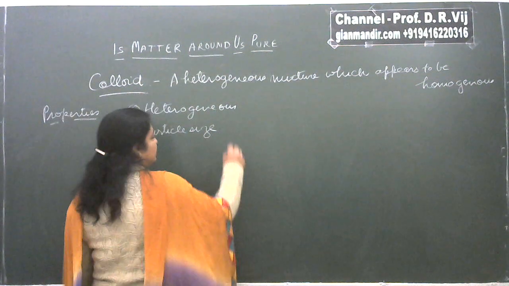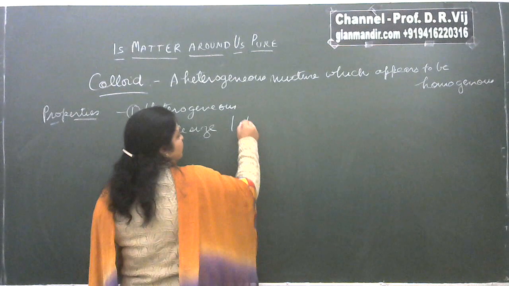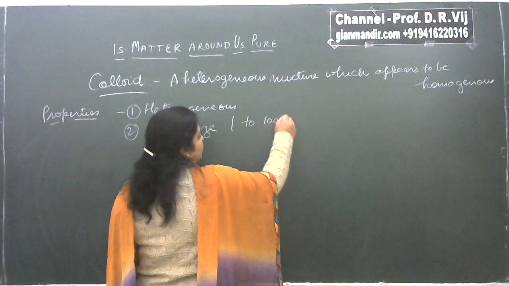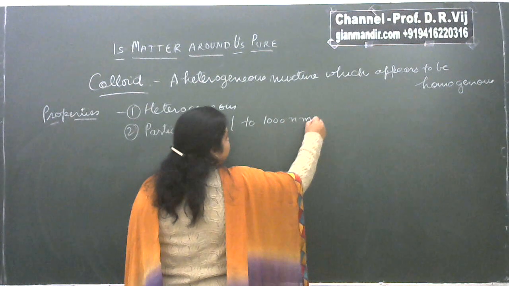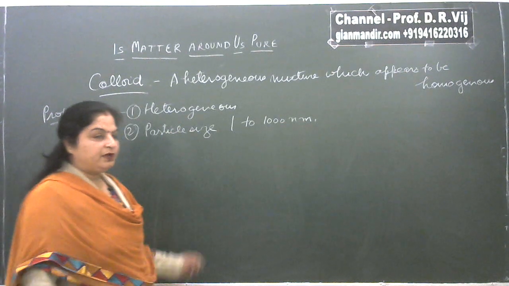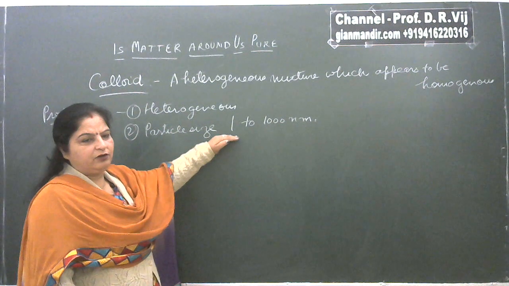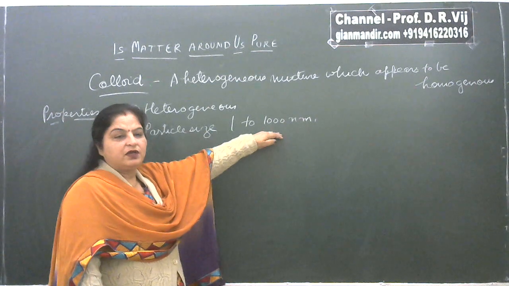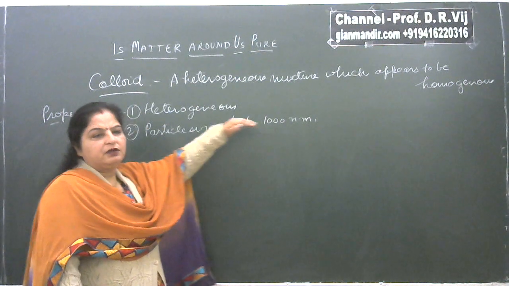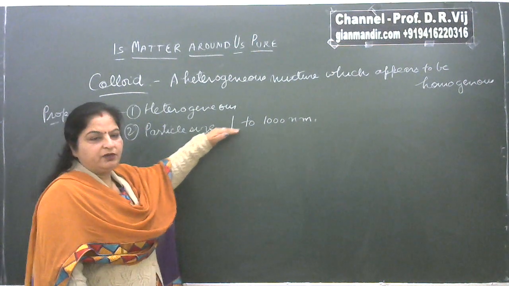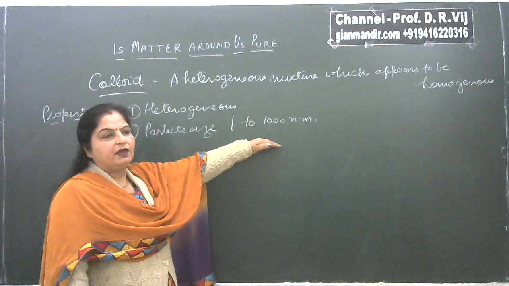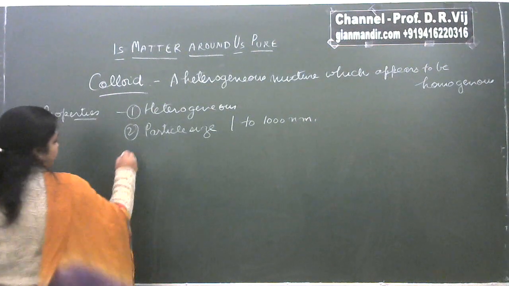So here the particle size is between 1 to 1000 nanometer. If you remember, the particle size in true solution was less than 1 nanometer. In suspension it was more than 1000 nanometer. So in colloids it is in between 1 to 1000 nanometer, right?